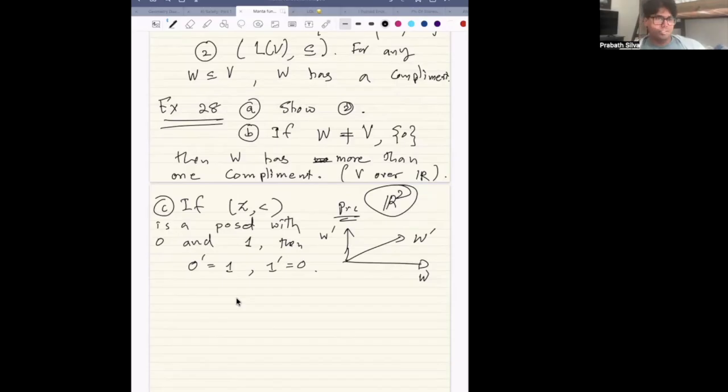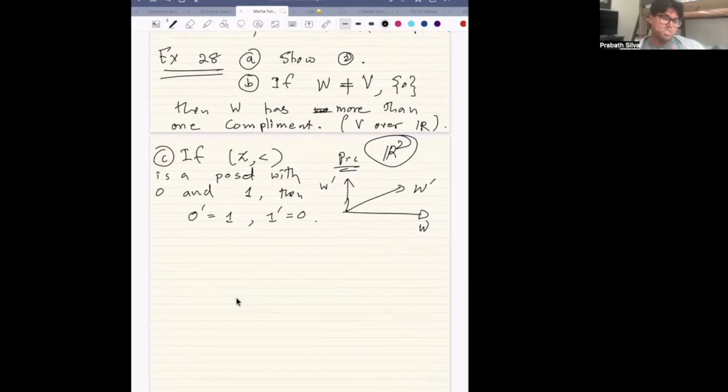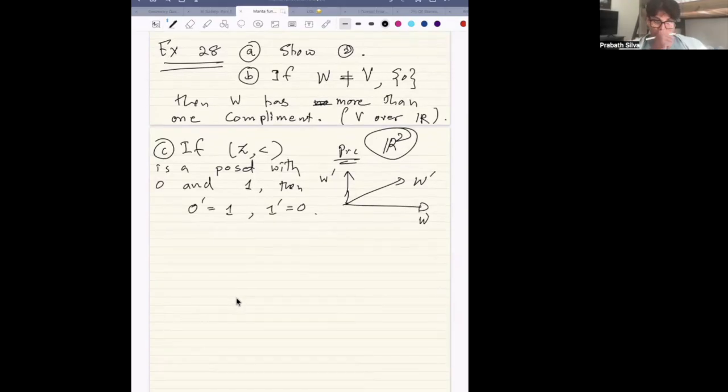Okay, you remember when I defined it, I said this is an element called a complement, and all that, right? This is because in general these things are not unique, but the null element and the unit have a unique complement, which are the unit and the null element. Okay, and that's why, in part B, I removed the whole space and the singleton. Okay, and good.